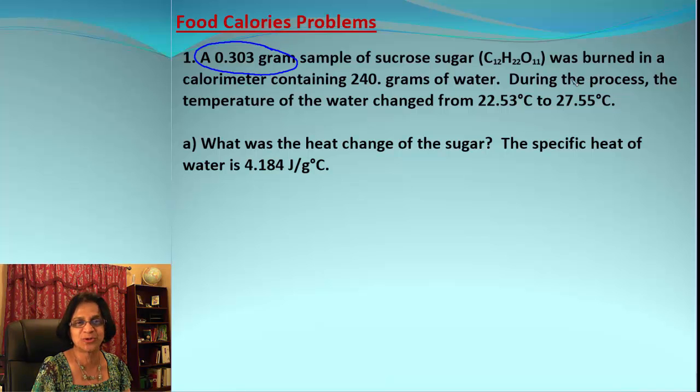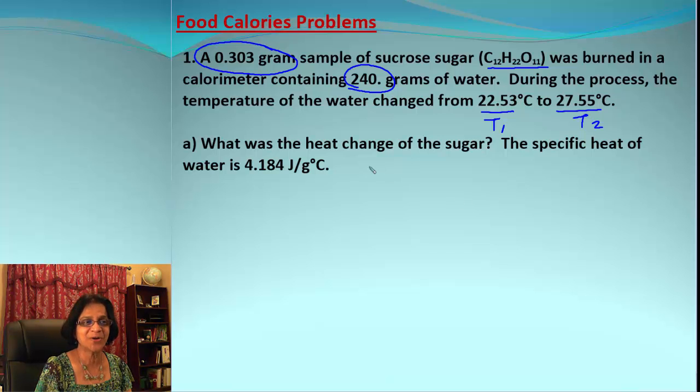That's the amount of sucrose which we are burning, 0.303 grams, and that's the formula for sucrose. In the calorimeter we have 240 grams of water, and these are the initial and final temperatures for water. Using this information, our goal is to find the heat change for sugar.